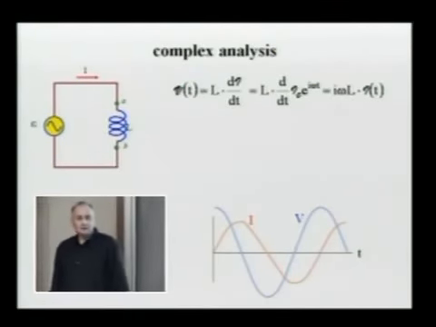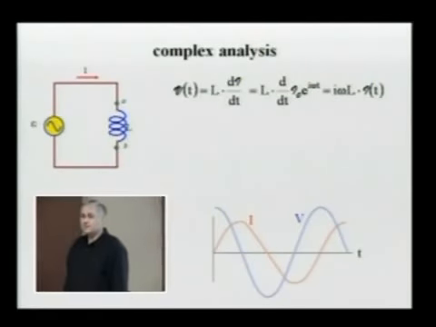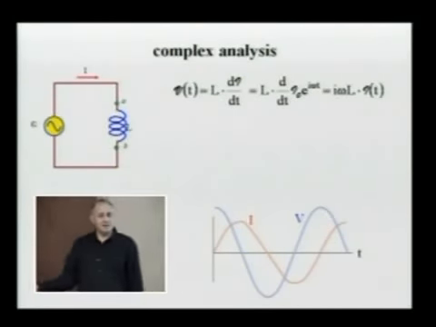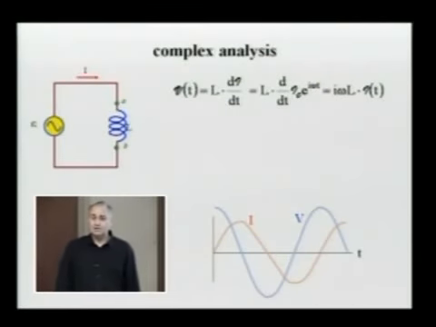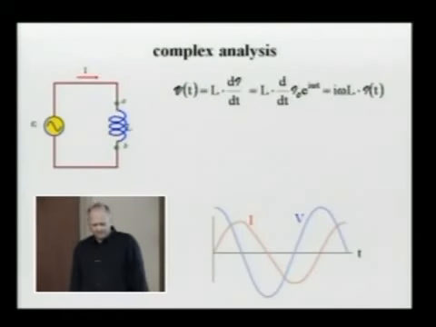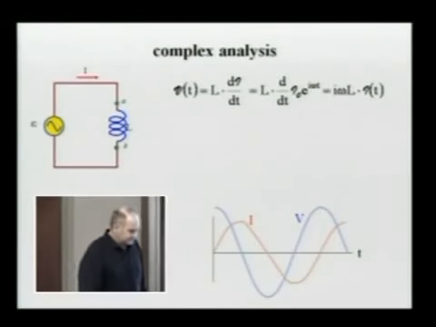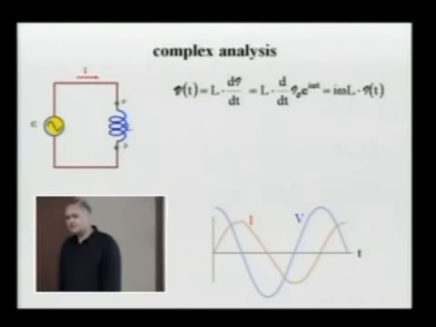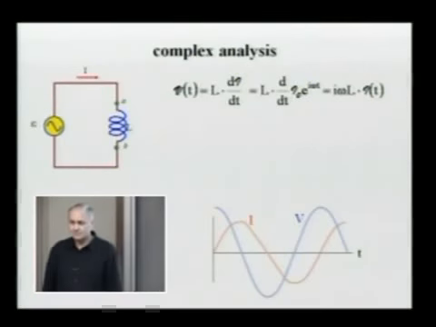In general, the proportionality coefficient between complex current and complex voltage is called, you will have to go again through all, to repeat the relations. So what relates root mean square value of the voltage with root mean square value of the current? Impedance, correct. What relates peak value of the voltage with peak value of the current?